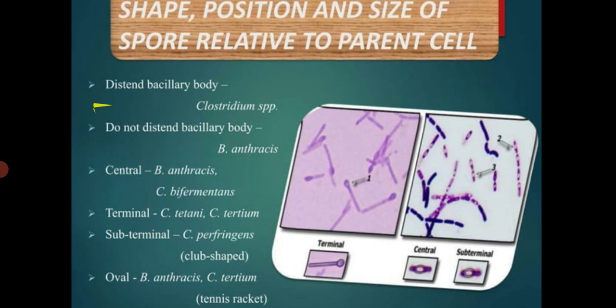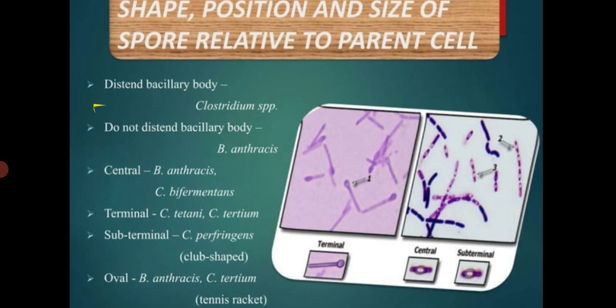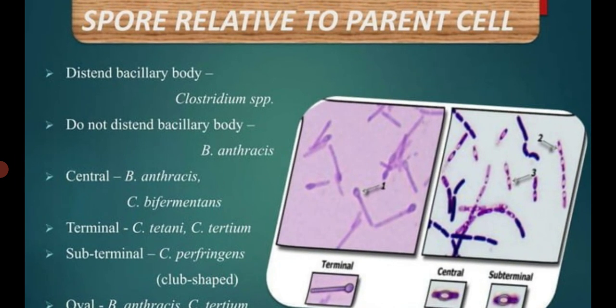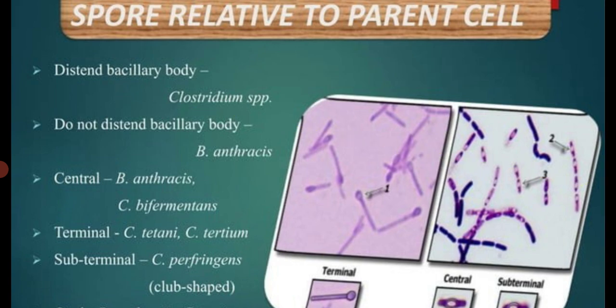Shape, position and size of a spore relative to the parent cell or mother cell. The spore may bulge the cell body, for example the spore in Clostridium species, or may not bulge the cell body, for example Bacillus anthracis.